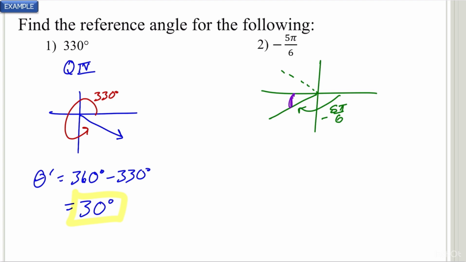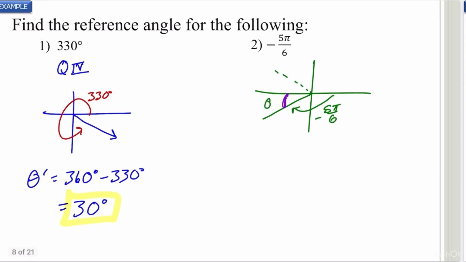So that's that reference angle there that I've marked in purple. That's going to be theta prime. For theta prime, you could do the whole thing, negative pi, and subtract negative 5 pi over 6, but you would end up getting negative pi over 6, but your reference angle always has to be positive. So what I would actually do there is I would figure out that this is coterminal with 7 pi over 6, right?